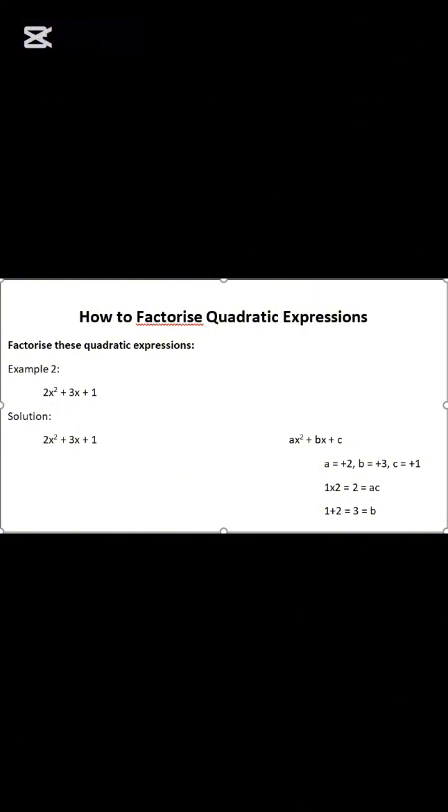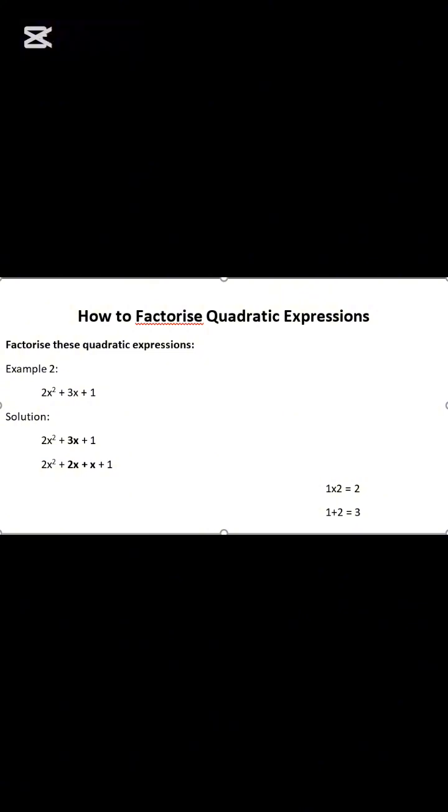Perfect. Now we will split the middle term using those numbers, which means instead of 2x squared plus 3x plus 1, we are going to rewrite 3x as 2x plus x. That gives us 2x squared plus 2x plus x plus 1.